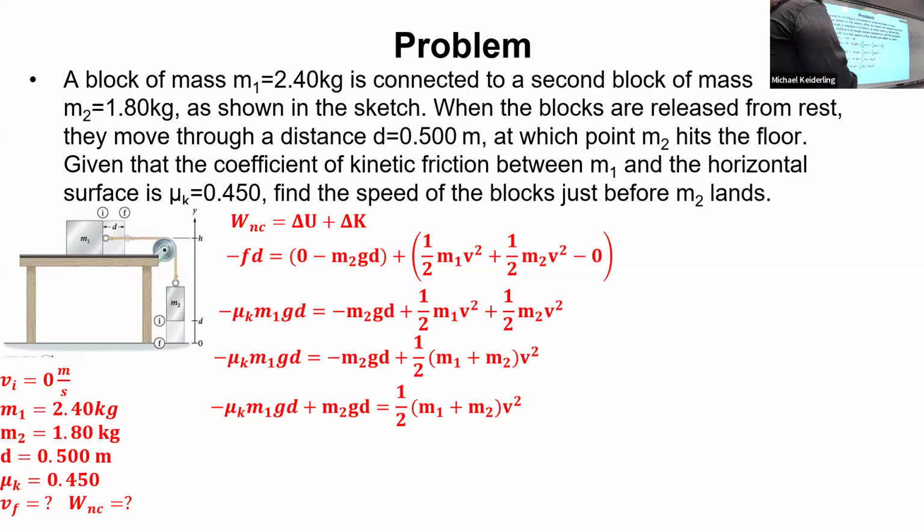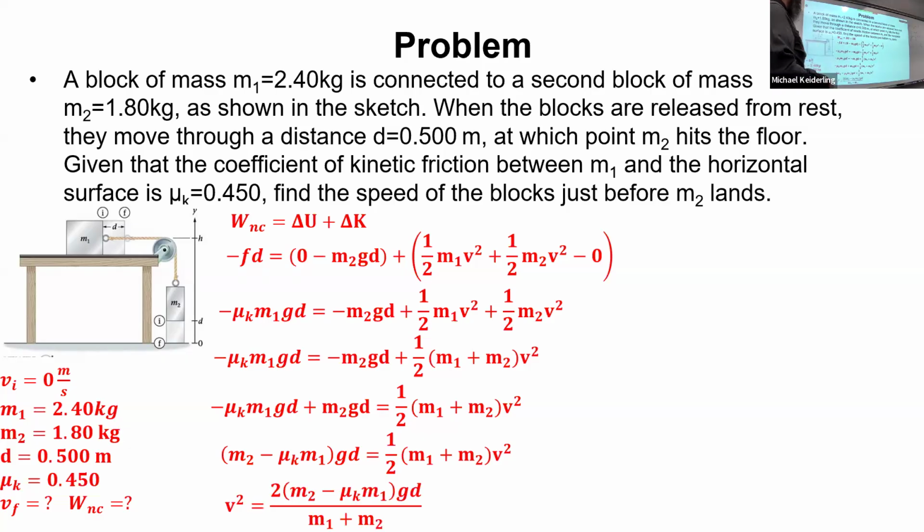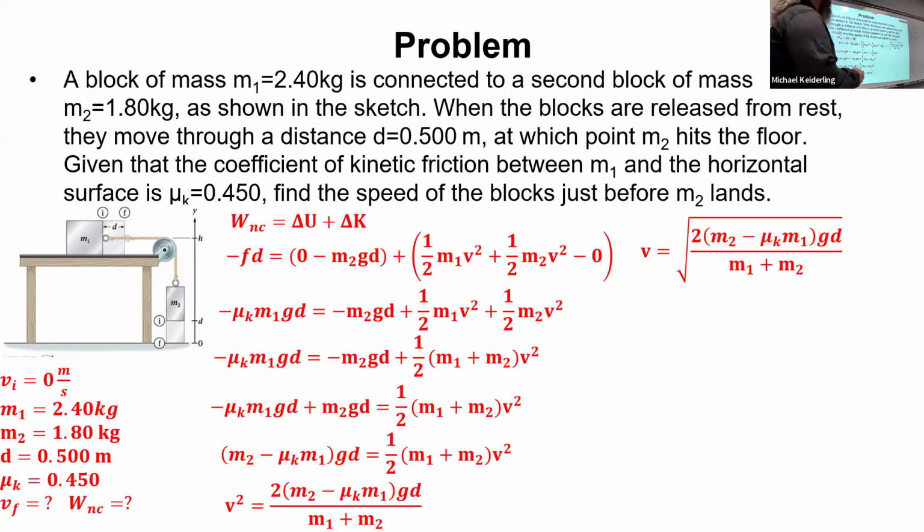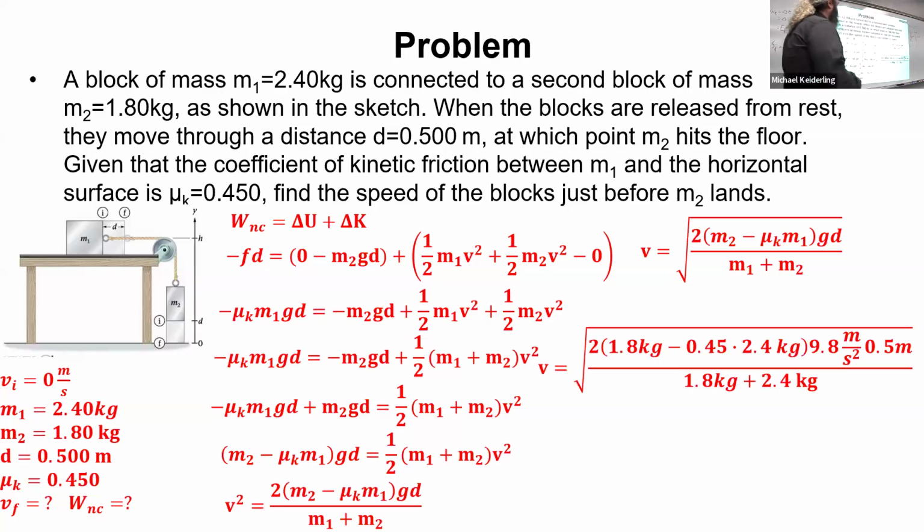And then we divide everything by 1/2 mass 1 plus mass 2. Oh, I simplified it a little. I pulled out the g: mass 2 minus mu kinetic mass 1 times g d. So we have 2 times mass 2 minus mu kinetic mass 1 times g d over mass 1 plus mass 2. That equals v squared. So v is the square root of 2 times mass 2 minus mu kinetic mass 1, times g d, all divided by mass 1 plus mass 2.